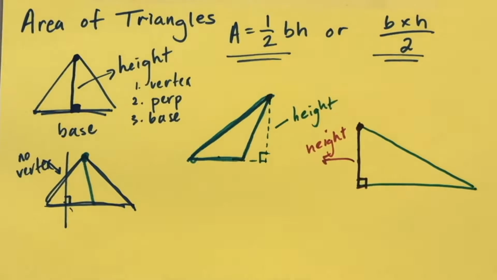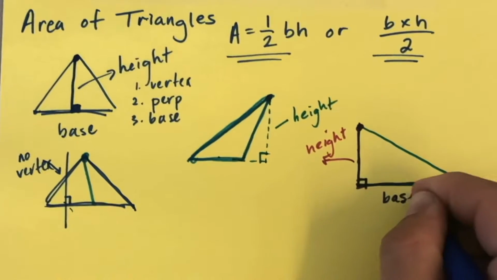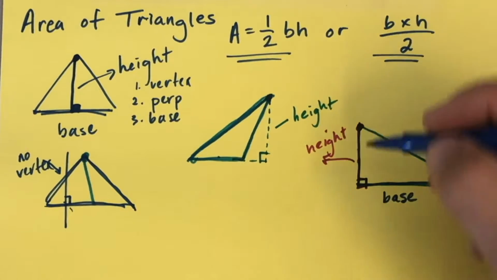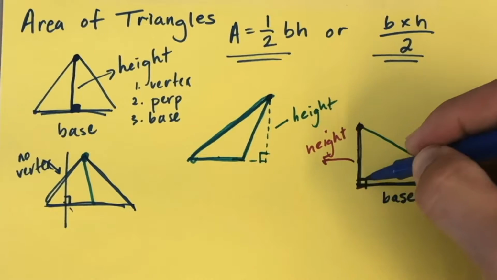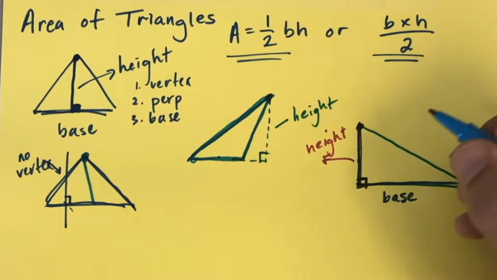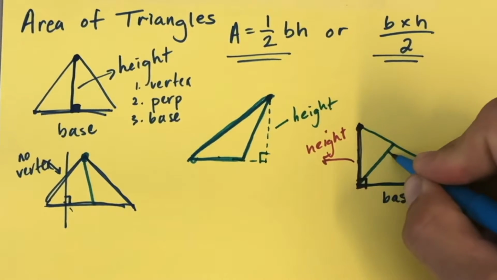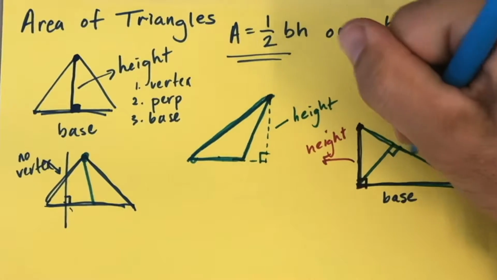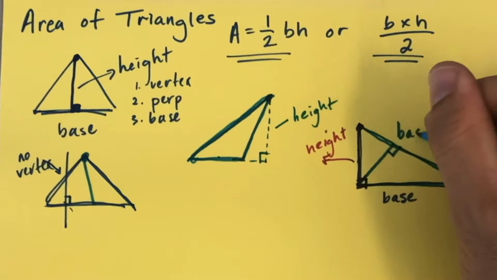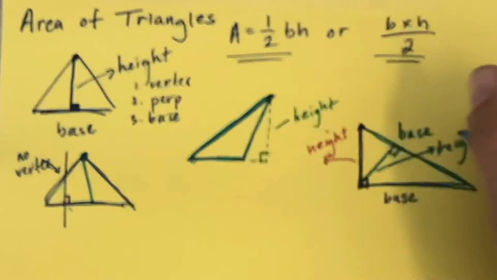Now, generally we look at the bottom piece as our base of the triangle, and the base needs to be connected to the height. But each triangle has many heights and bases. So I could draw a line perpendicular to this and say that this is the base and this is the height. So there are many ways to look at it.